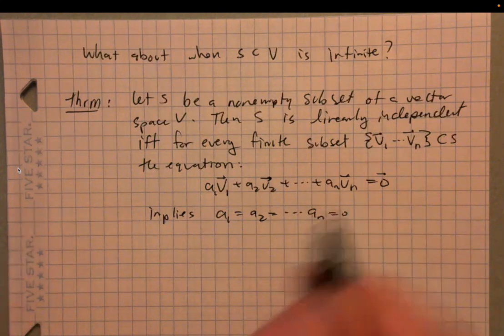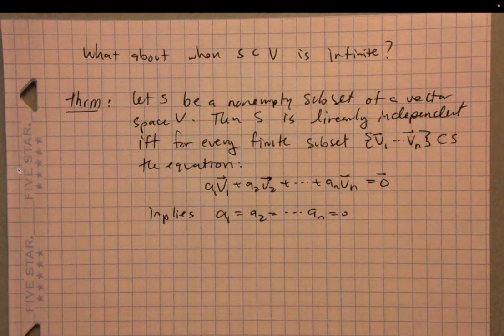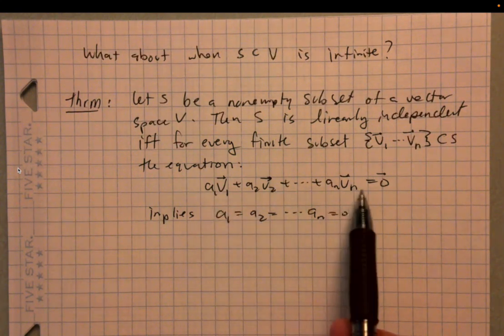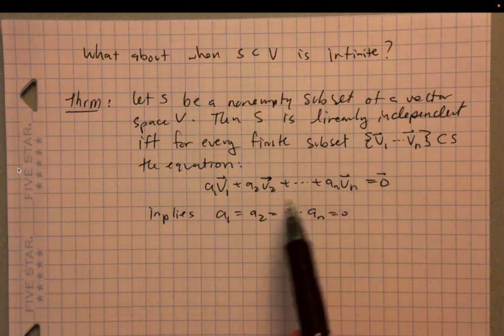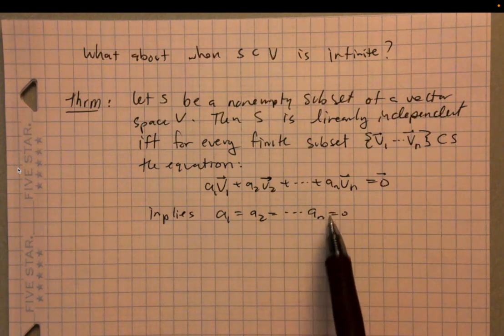This is almost exactly the same as the previous definition, except here we're allowing for the case of an infinite subset S of a vector space V. The only thing we have to check is that if I grab a finite subset out of S and set up this equation with those vectors, does that imply that all of the coefficients, all the scalars, are 0?